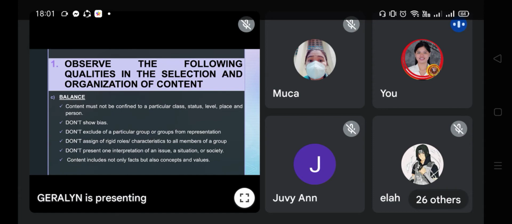We also have to make sure that the content includes not only facts but also concepts and values. In the past, traditionally, we were taught about memorizing concepts, memorizing details, memorizing dates, and all of that, names of people.